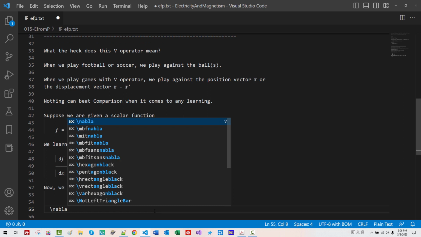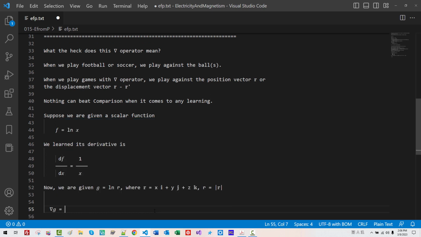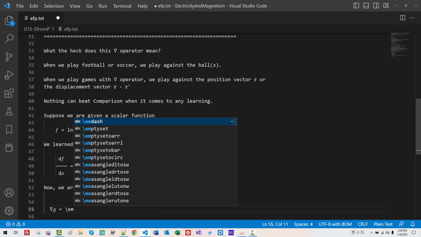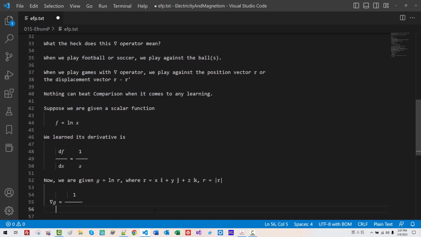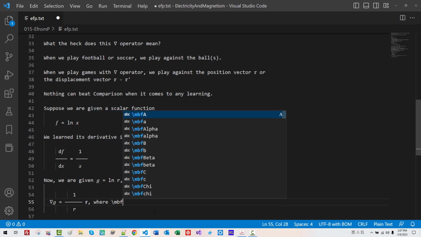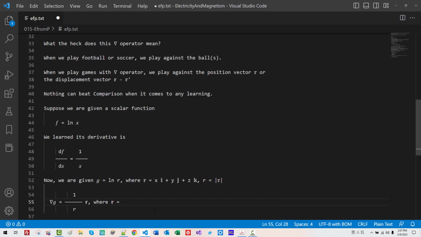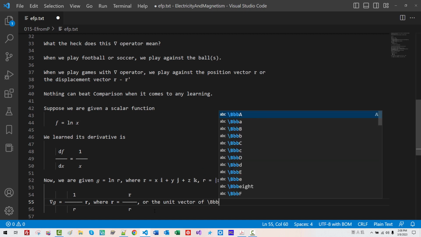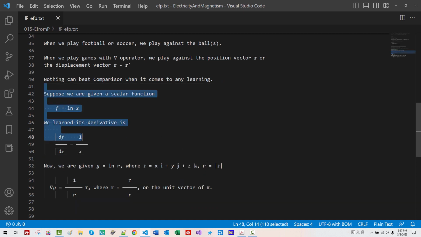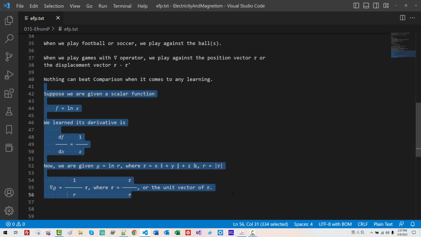Then nabla g equals 1 over r times r-hat, where r-hat equals r, the unit vector, over the magnitude of r. If this is not very convincing, I will give you more examples.